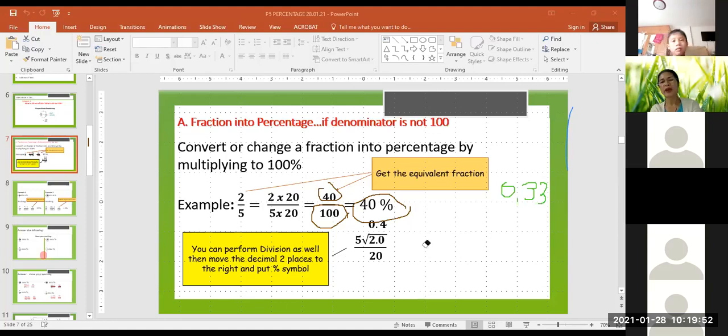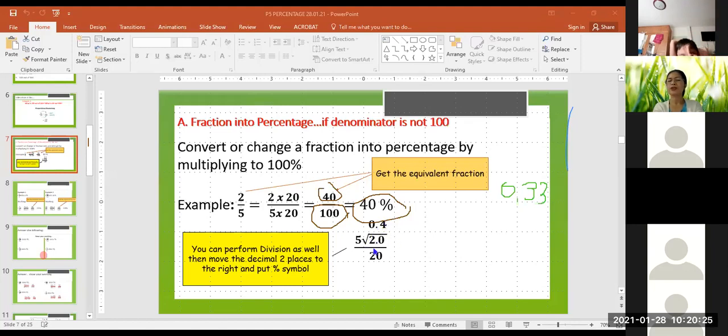So there is also another way of finding your percentage. You can just divide the numerator 2 by the denominator 5. Of course you're going to add 0, because 2 divided by 5 you cannot, so you put 0 there and then the decimal point.